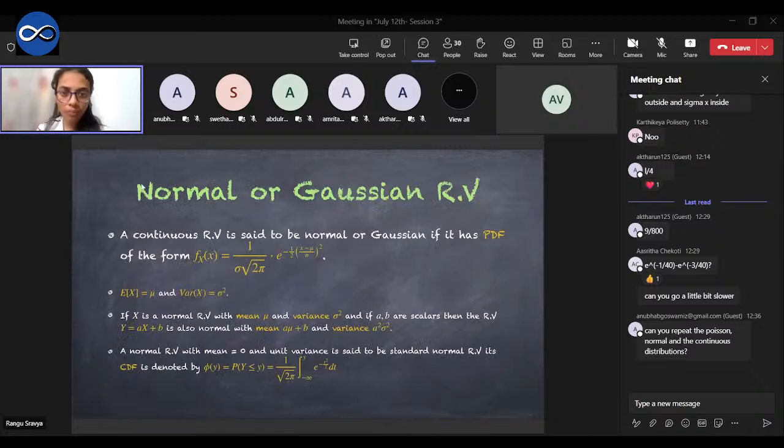If you have this form, then that is normal. If it is given as a normal random variable, you can find the required values by integration, or if they give mean and variance, try to convert it into a standard normal random variable by using the mean and variance, and then calculate whatever is required.